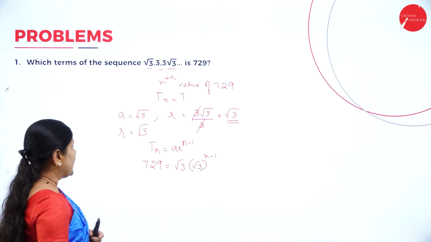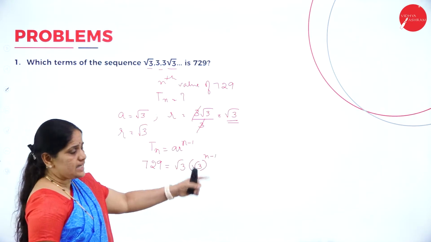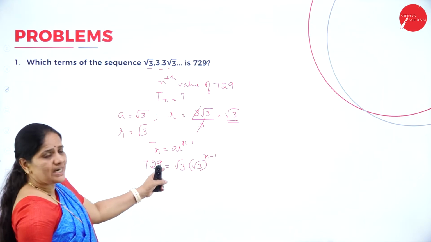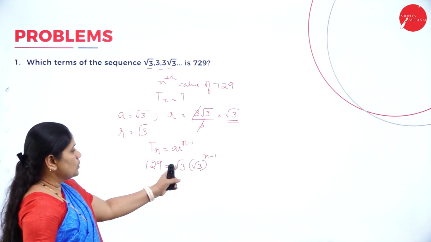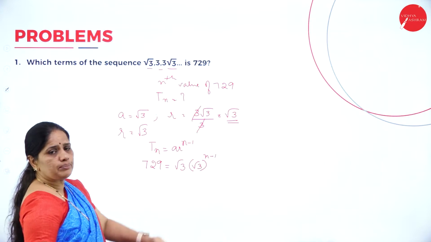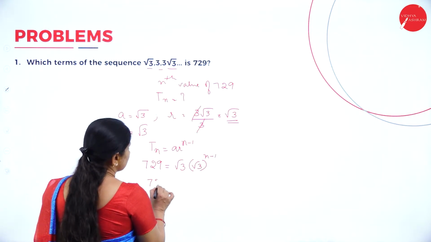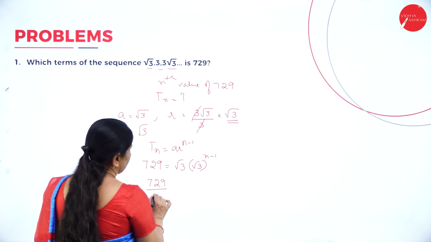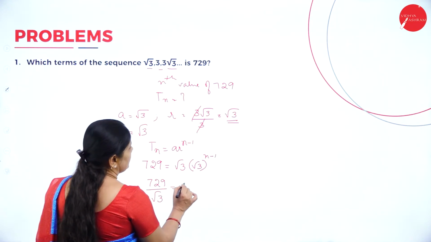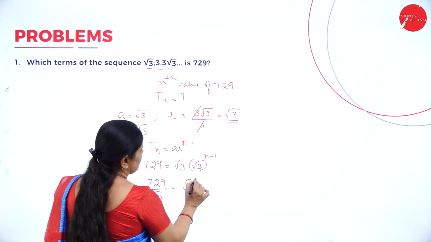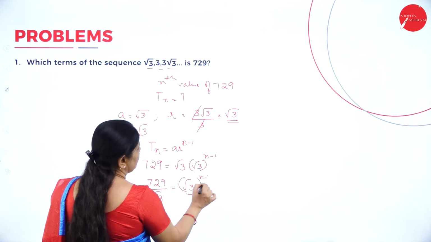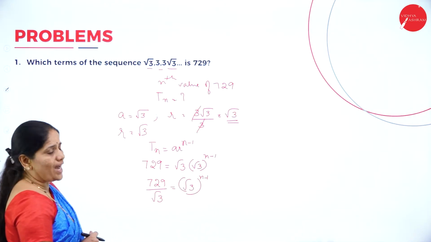So I don't know n, so I am writing n as it is. Now 729 equals root 3 into root 3 to the power of n minus 1. So 729 divided by root 3 equals root 3 to the power n minus 1.